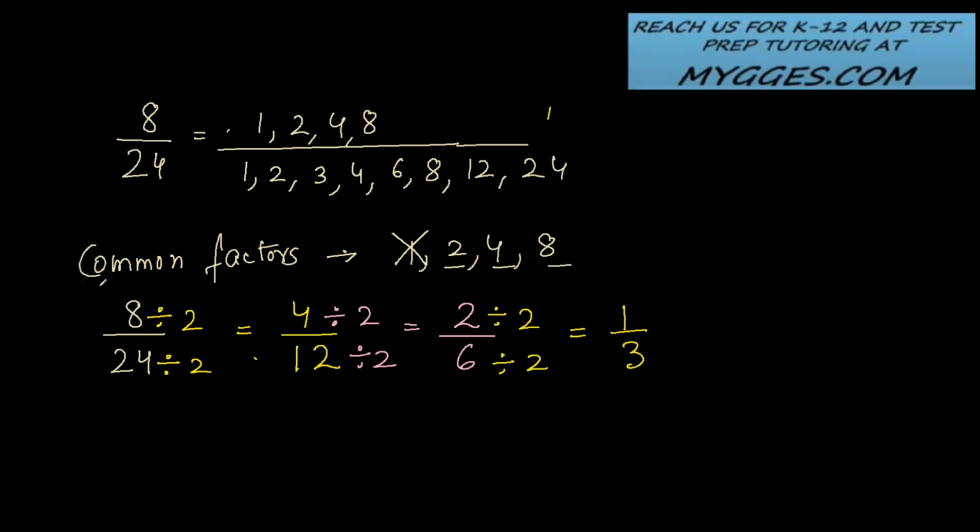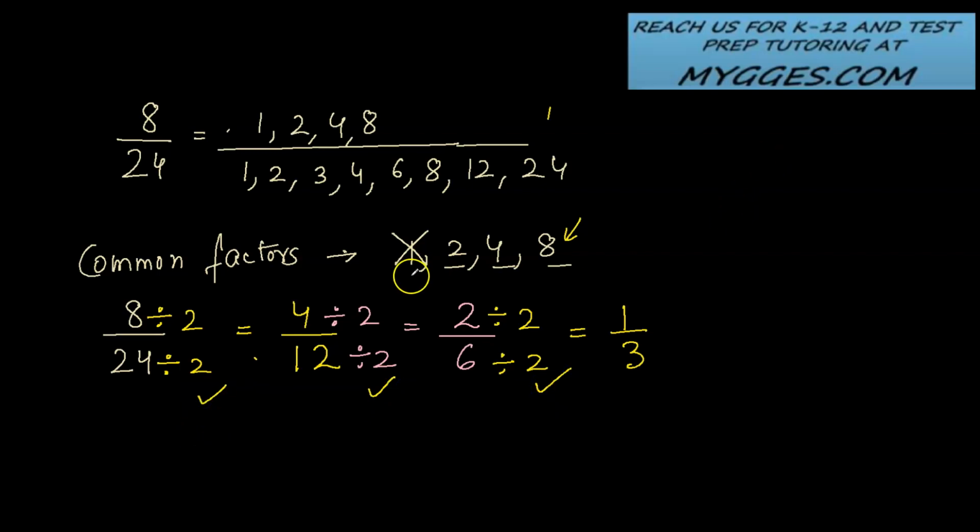Now, as I mentioned before, since we have 3 common factors, you can divide numerator and denominator by any of these factors. The greater the factor you take, the fewer times you have to divide. If we are dividing by 2, we have to do 3 steps here, or divide 3 times by 2.